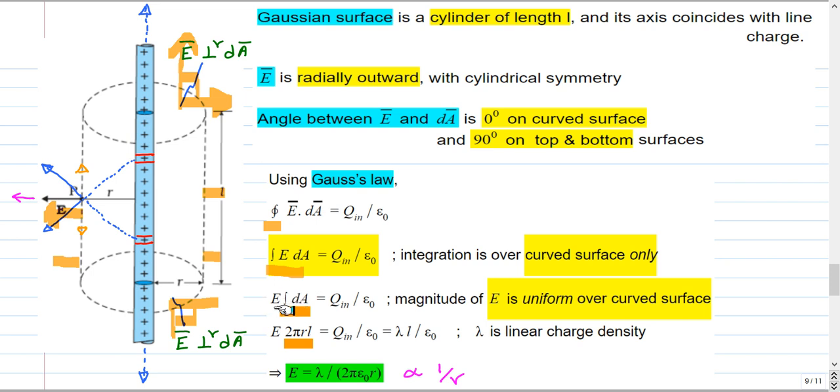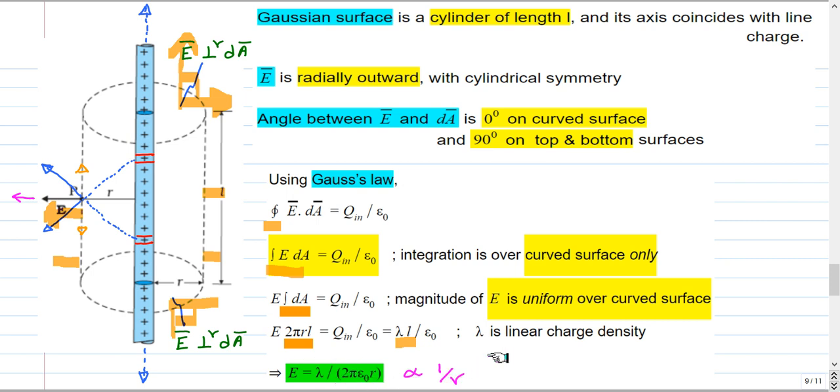So the integration will reduce to just integral dA, which is the surface area of the curved surface, which is 2 pi r into L. And the charge present in this Gaussian surface is lambda into L, where lambda is the linear charge density of this charge distribution. The length of the cylinder is L, so the charge which is present inside is lambda into L. So from this you get the expression for the electric field as lambda divided by 2 pi epsilon naught into r.